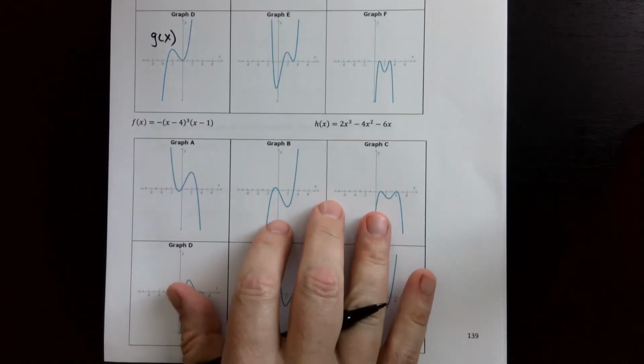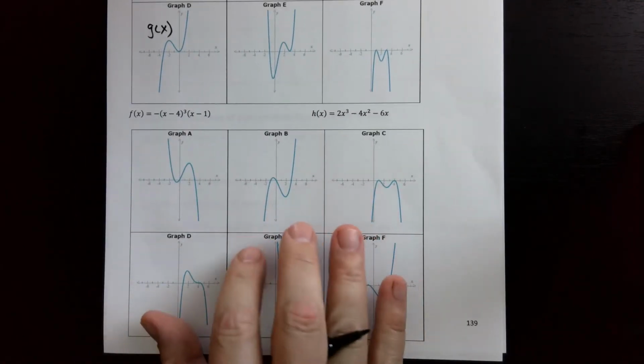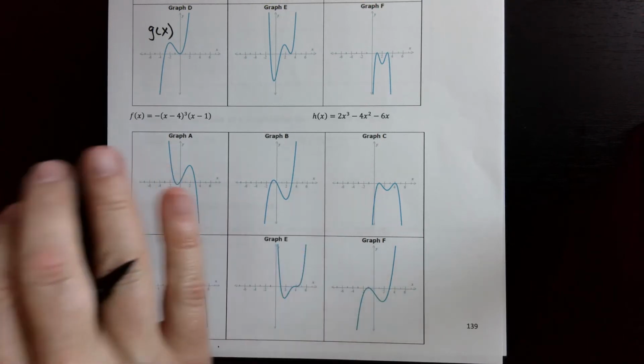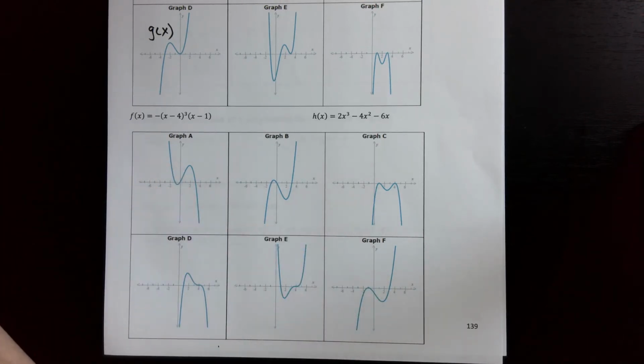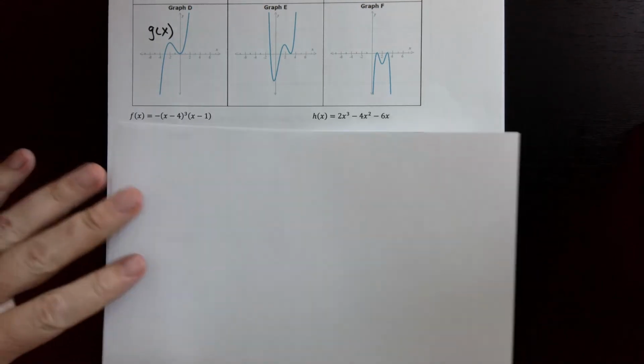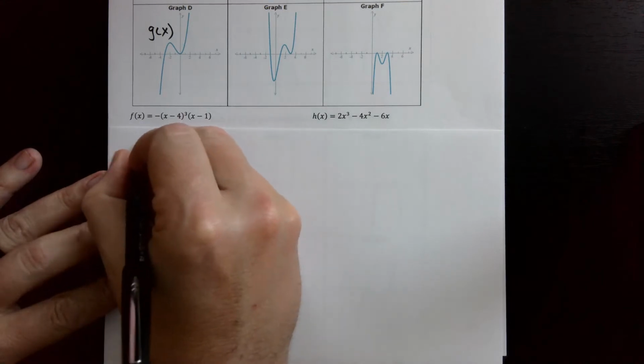Okay, let's do a couple more of these. So we have f of x is equal to negative times x minus 4 cubed times x minus 1.